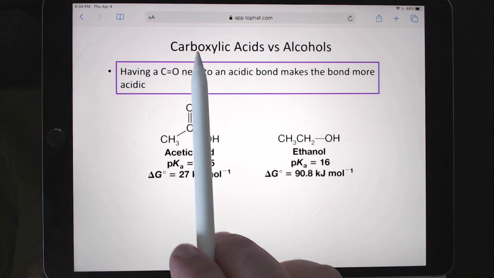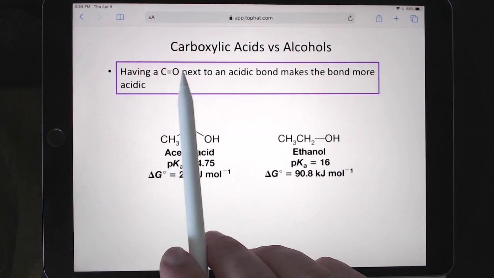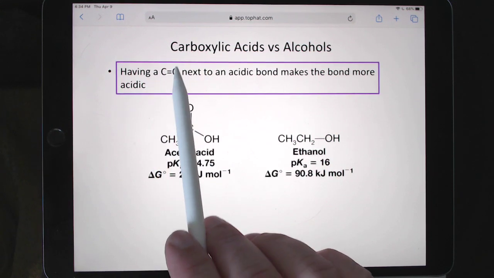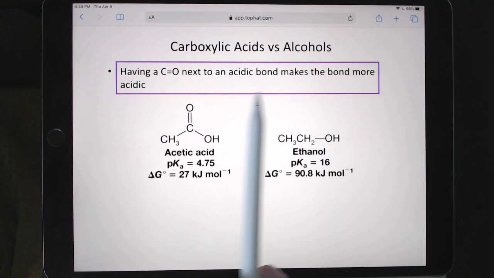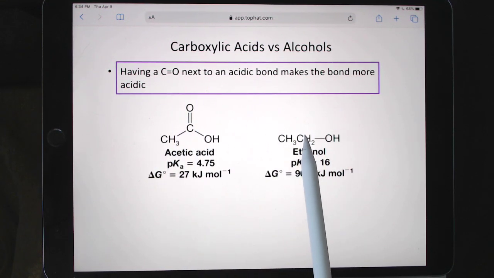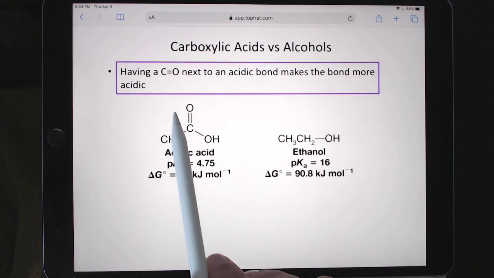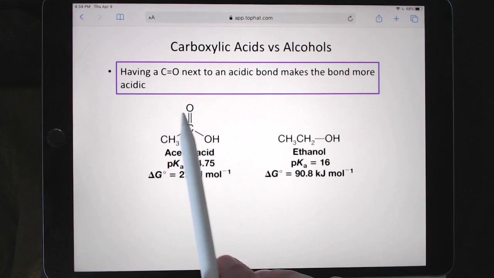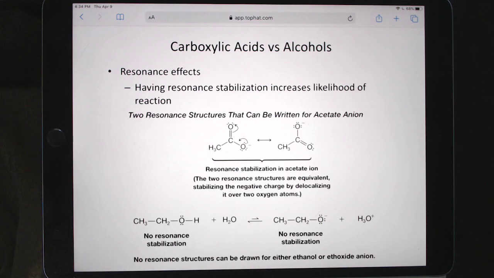The other thing we can have is a C double bond O next to an acidic bond, which is going to make it more acidic. If you look at acetic acid compared to ethanol, there are a couple of different things happening. One, you've got a very electronegative atom, oxygen, right next to it.